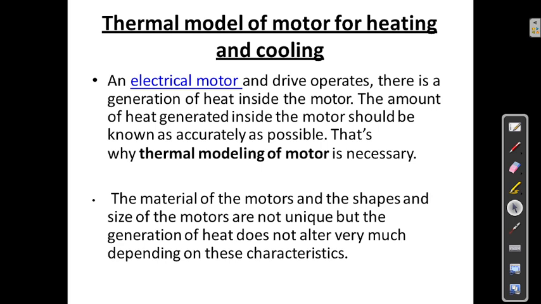That is the main thing of thermal modeling for heating as well as cooling. Electric motors and drives generate heat inside the motors, so we conclude that the motor should not be heated for too long. That's all about thermal motor heating and cooling.